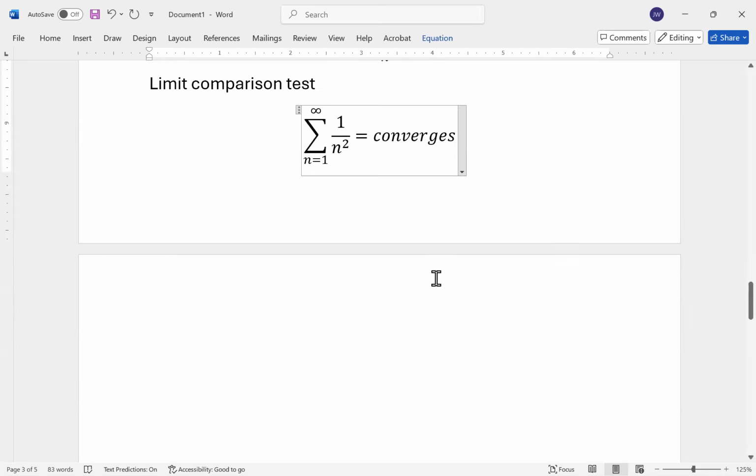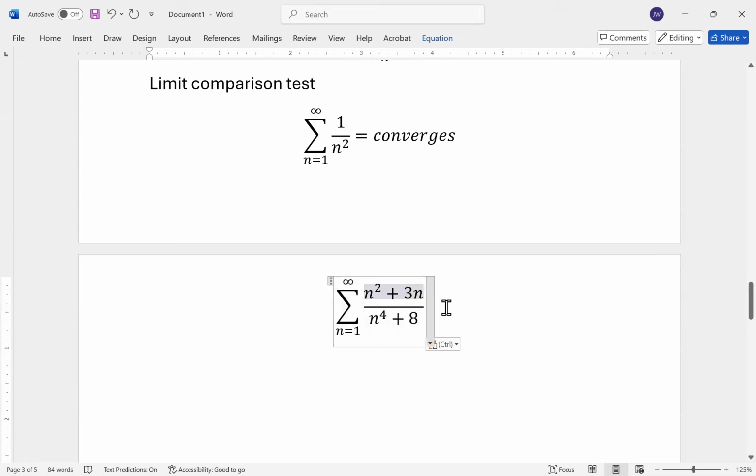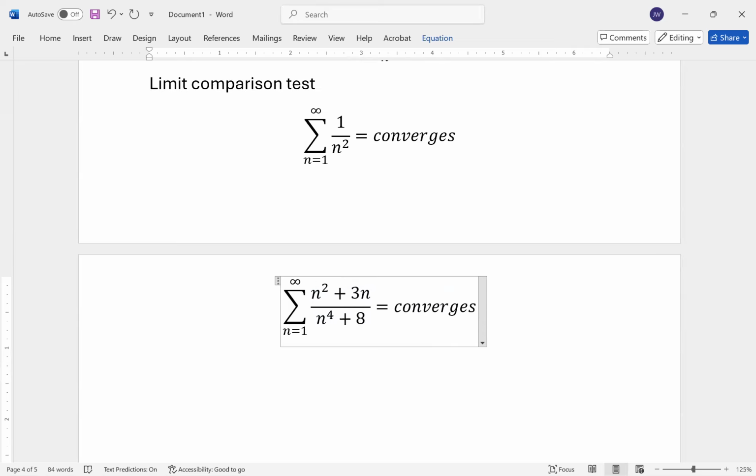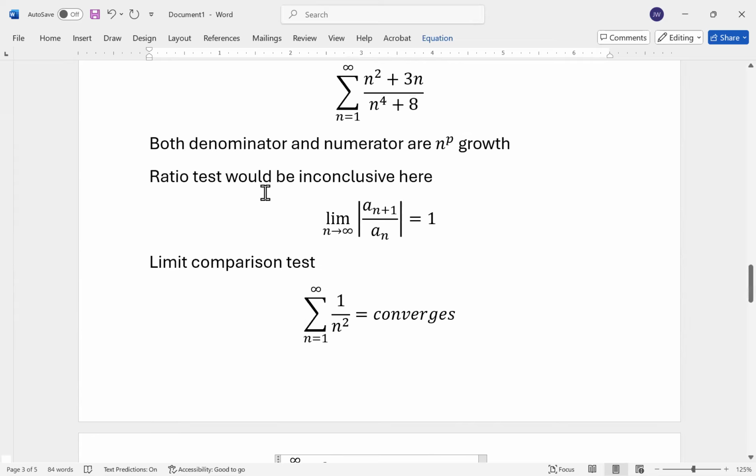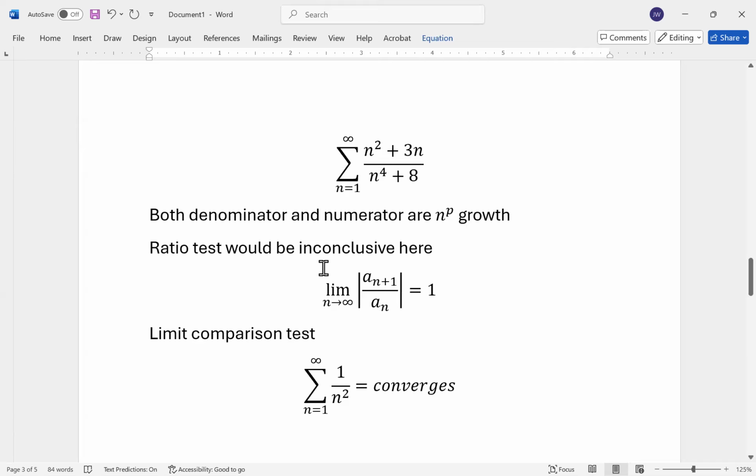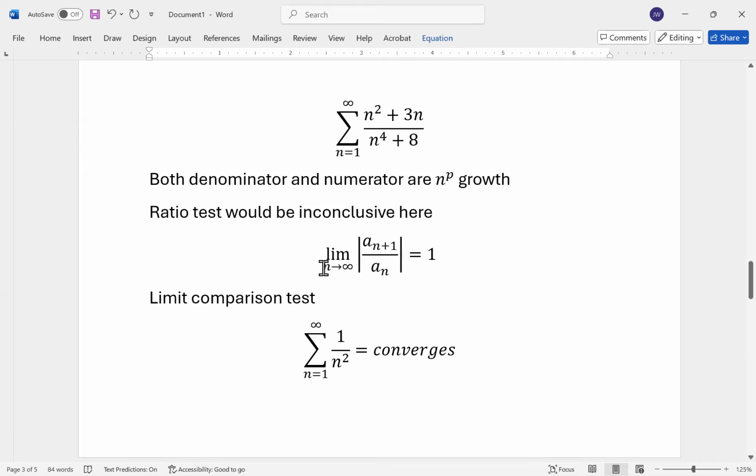And so that means our summation also converges. Our infinite series also converges through the limit comparison test. But again, the ratio test would have been inconclusive. Hopefully that all makes sense.